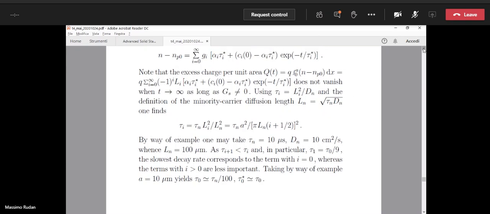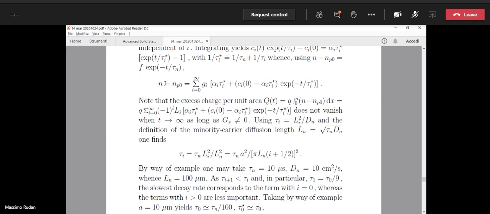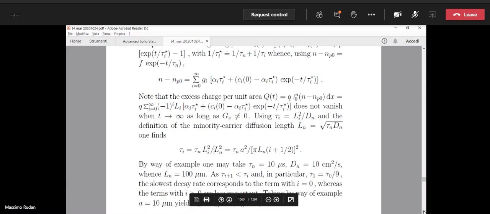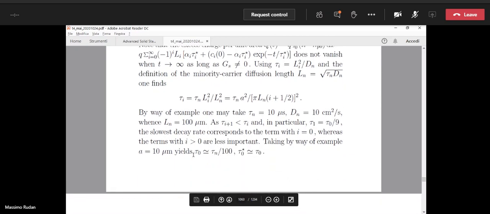That means that in the series that expresses this excess charge, the dominant term in this exponential is tau 0, because tau 0 is the longest of all times that we have here. Tau 0, if you insert this value, is tau n divided by 100. So this is the fundamental message of all these analyses.